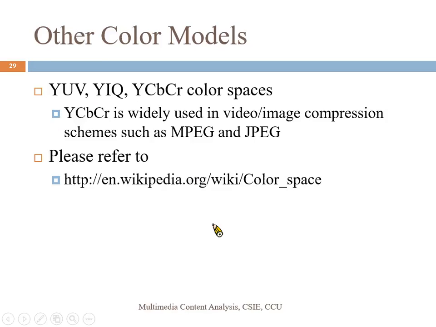And actually, in addition to these color spaces, we have many others like YUV, YIQ, YCbCr. And YCbCr is widely used in video and image compression, such as MPEG and JPEG. And you can get more information from this web page.